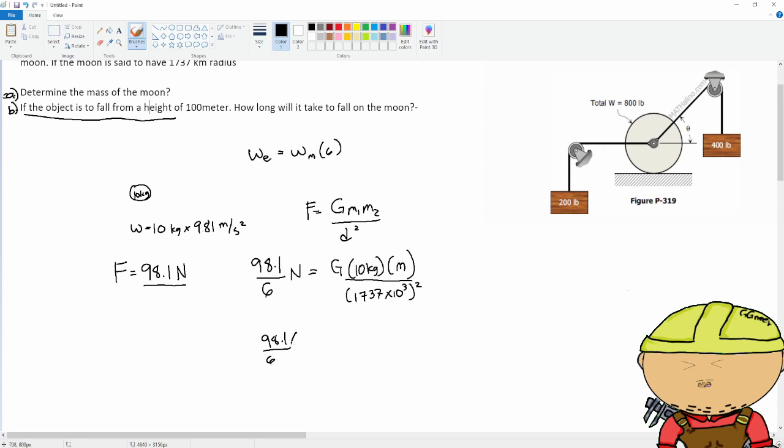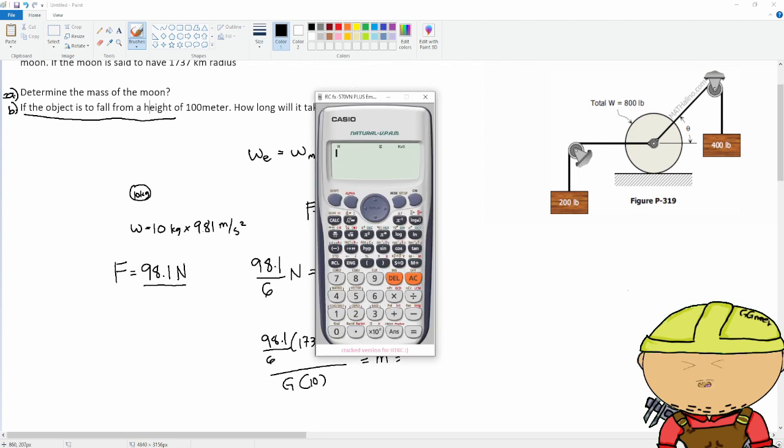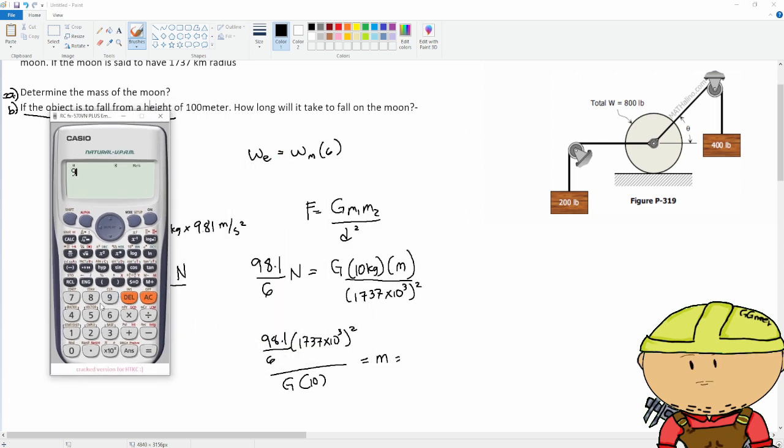So 98.1 divided by 6, times 1,737 times 10 cubed, squared, divided by G, divided by 10, is equal to the mass. What would be the mass of the moon? 98.1 divided by 6, times parenthesis 1,737 times 10 cubed, squared, divided by G, 6.67 times 10 to the minus 11.